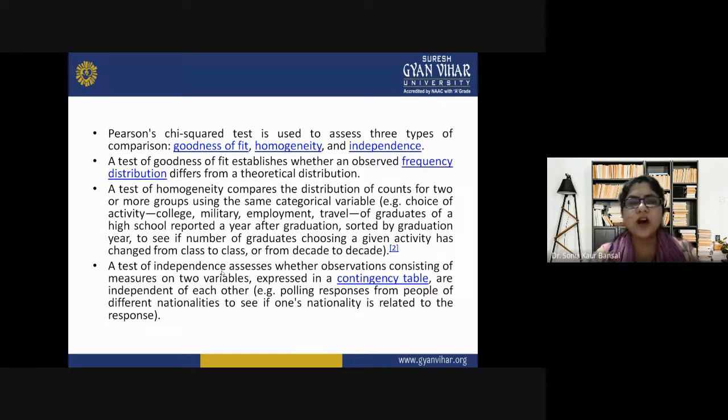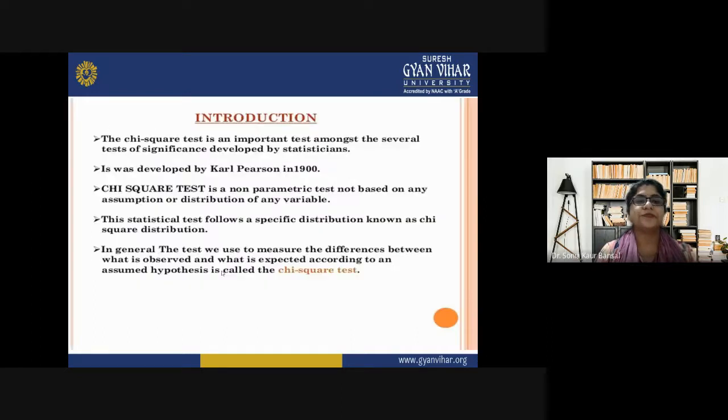So this is how we are going to make the observation of the frequency, how it is affecting the data, how it is affecting the interpretation, that something has happened due to one variable. That's what we are going to see in the chi-square test.